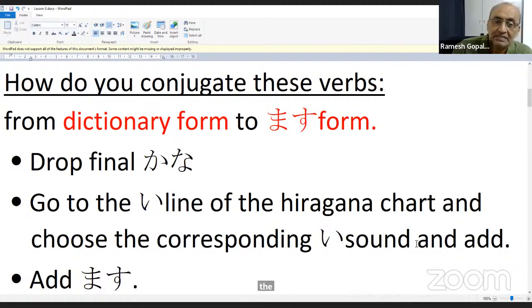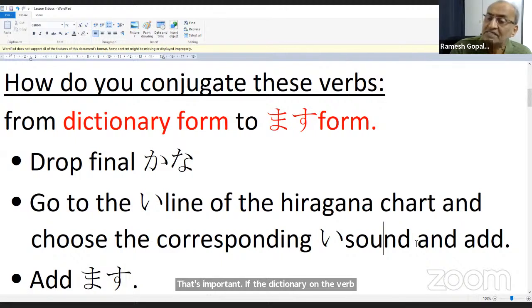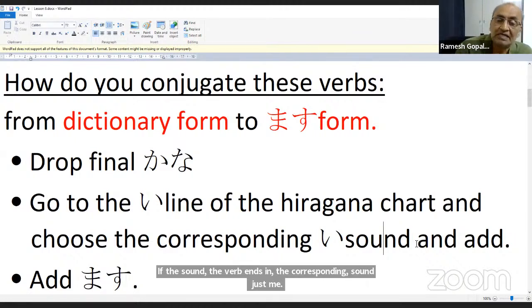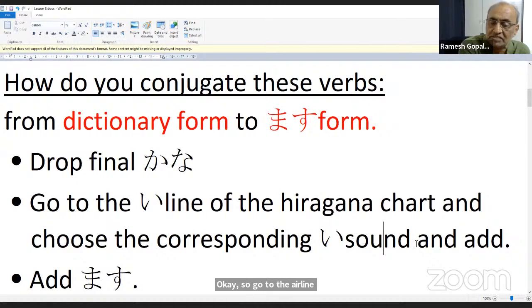And choose the corresponding E sound. That's important. By corresponding I mean, if the verb in dictionary form ends in k, the corresponding E sound is ki. If the verb ends in m, the corresponding E sound is mi. So go to the E line of the hiragana chart, choose the corresponding E sound and add that, replacing what you dropped.